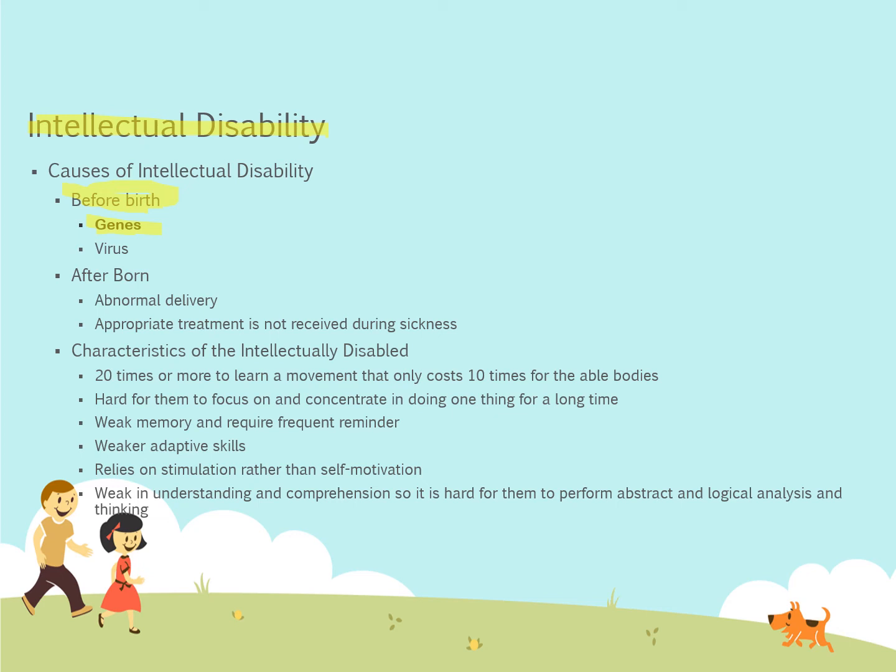The other cause is after birth, okay? Maybe it's some abnormal delivery or is affected by other sickness. That's why when your children have a fever, most likely we need to go to hospital and do lots of tracking.